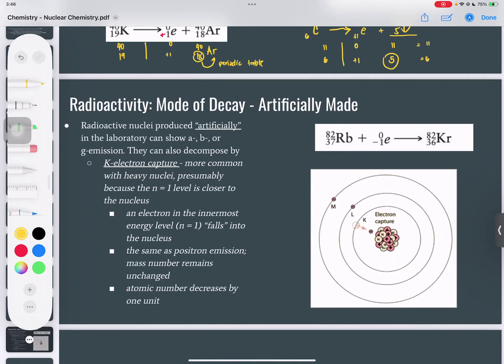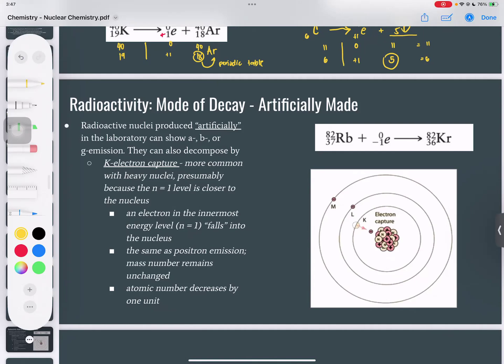Here in this example, this is Rb-82, and it would undergo K-electron capture. This time, your electron is on the reactant side already, not on the product side, because it is capture, not emission.